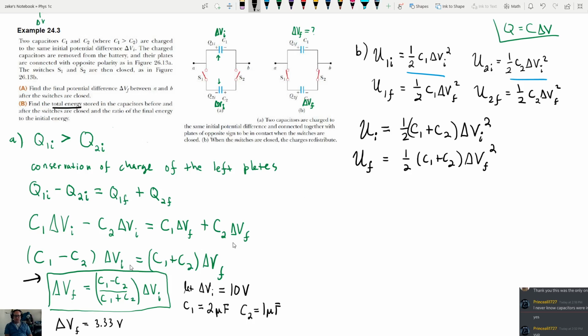Okay, so now what we want to do is to plug in delta V final into the second expression right here. Let's switch colors. So U final is going to be 1/2 delta V final, which is equal to C1 minus C2 over C1 plus C2.